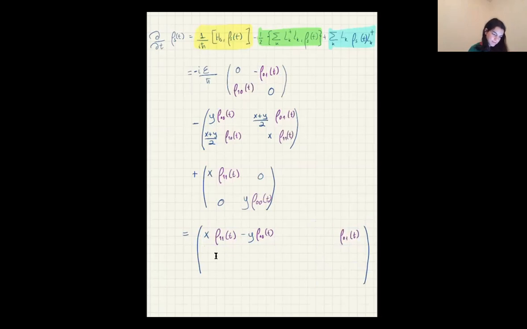Multiplied by minus i epsilon over h bar, and you have x plus y over 2. Okay. Here we have, oh, sorry, this is plus because there's a minus up there. So here we have minus i epsilon h bar, x plus y over 2 times this thing.